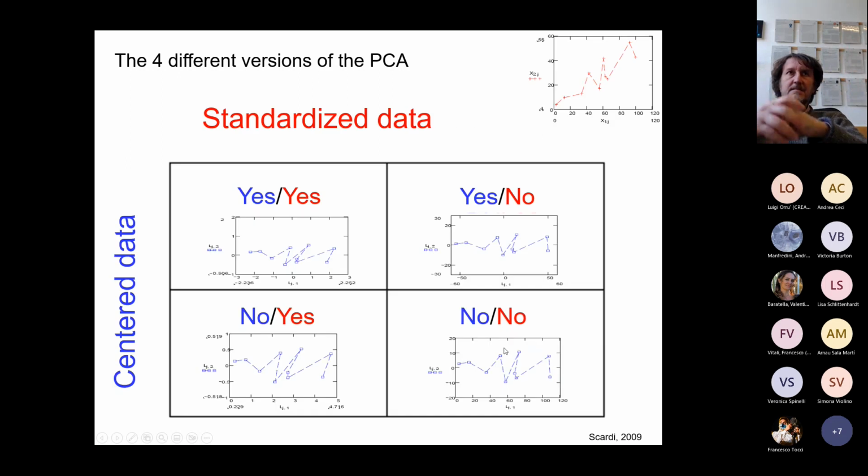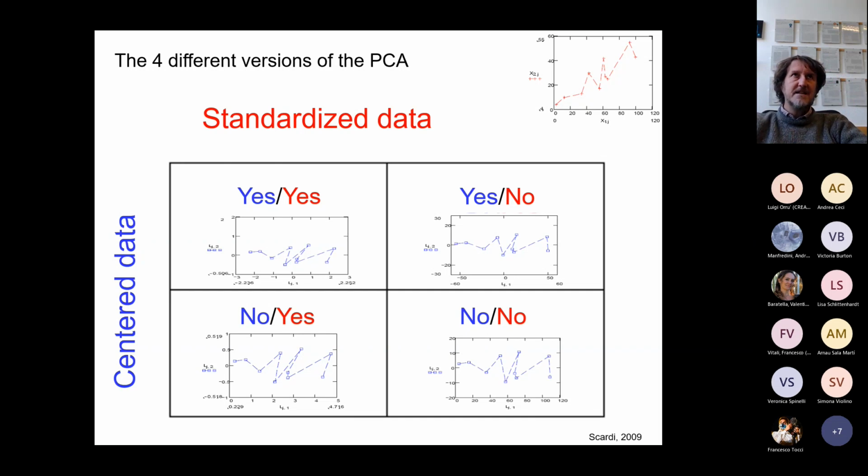And the result could be very, very different. Here is the natural plot, and here is the standardized plot of the data. So this is the original one, and this is the same but with standardized or centered data.